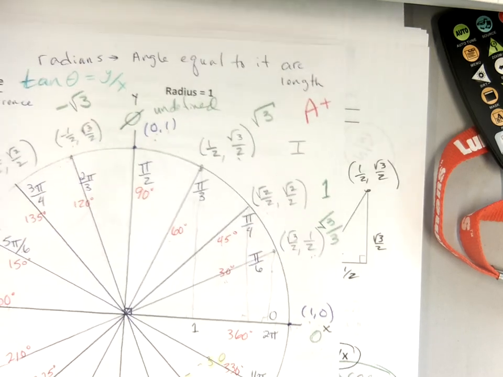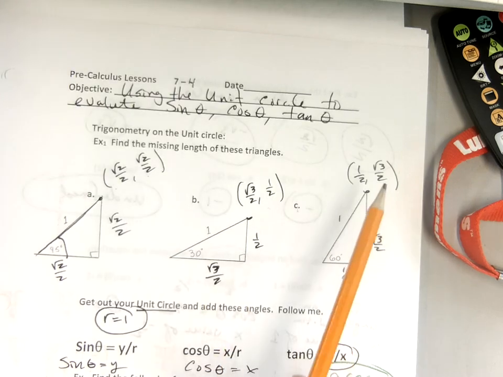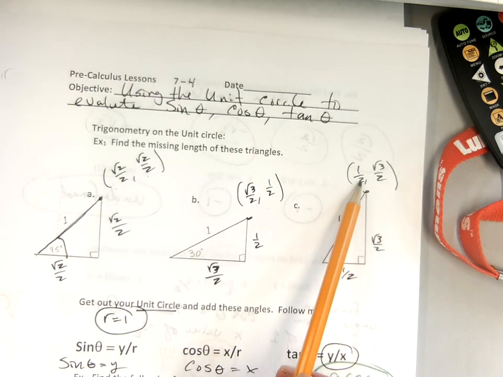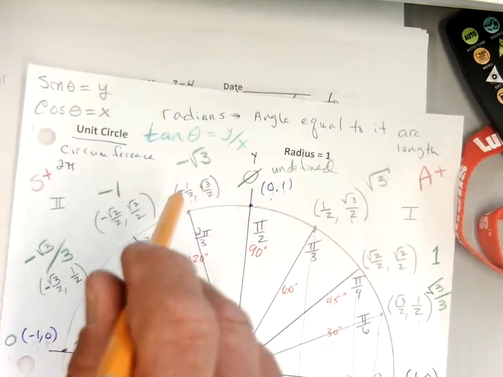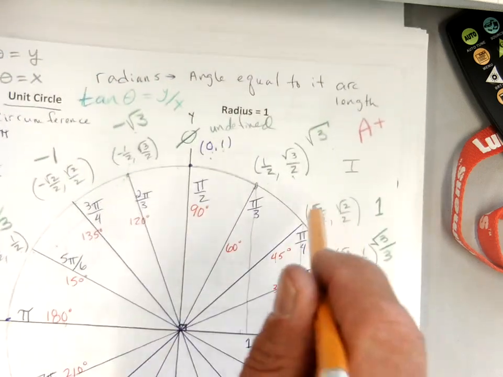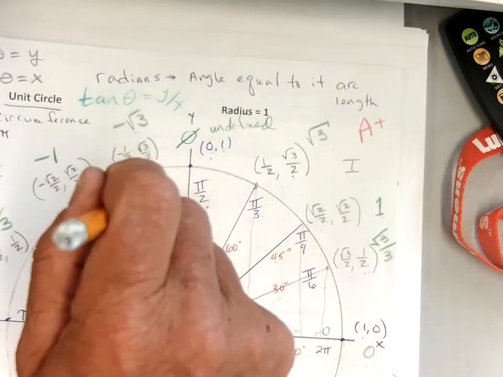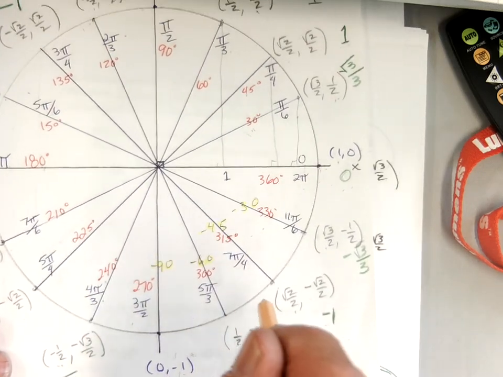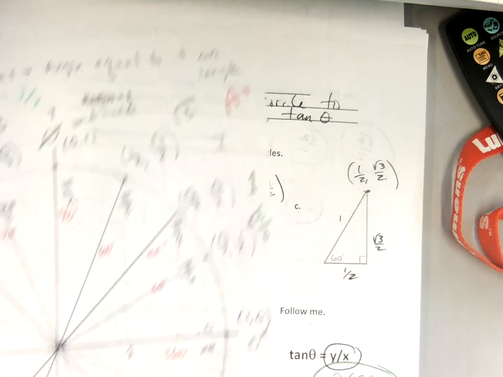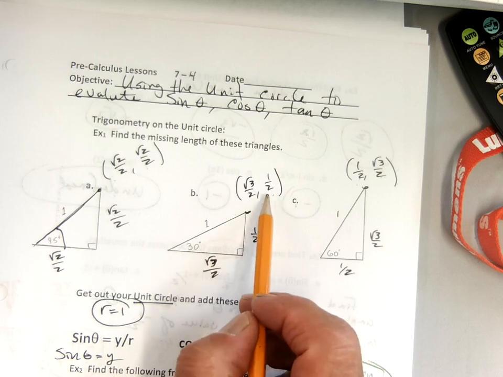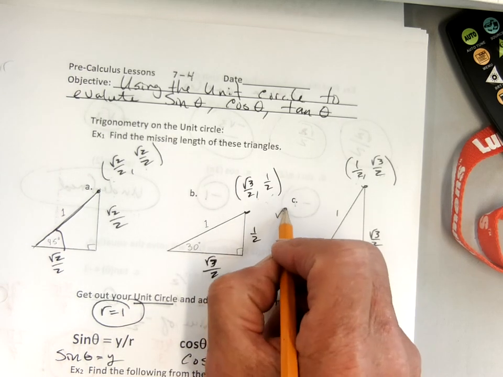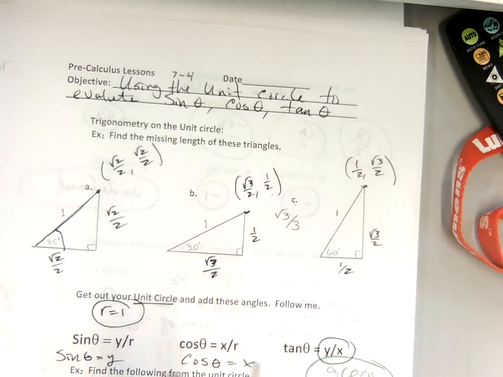Now the other thing we put in here were the triangles where you've got the square root of 3 over 2 divided by 1/2, which turns out to be the square root of 3. If you go y over x, we put those in our unit circle also at 60, 120, 240, and 300. Then we also looked at if you have the 1/2 over the square root of 3 over 2, and that turns out to be square root of 3 over 3 after you divide and rationalize.